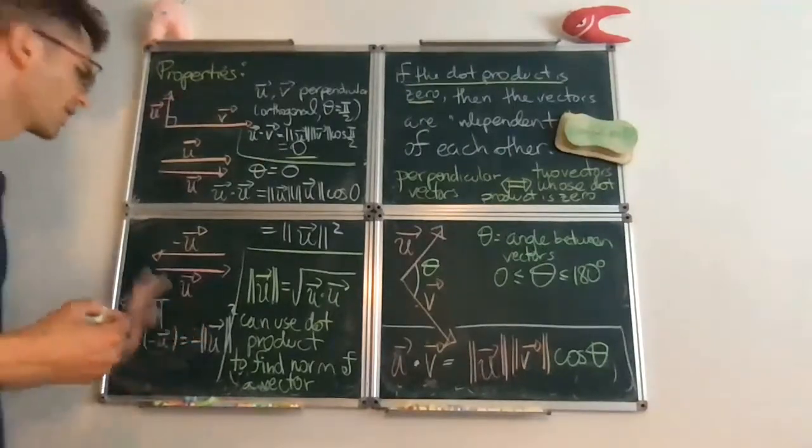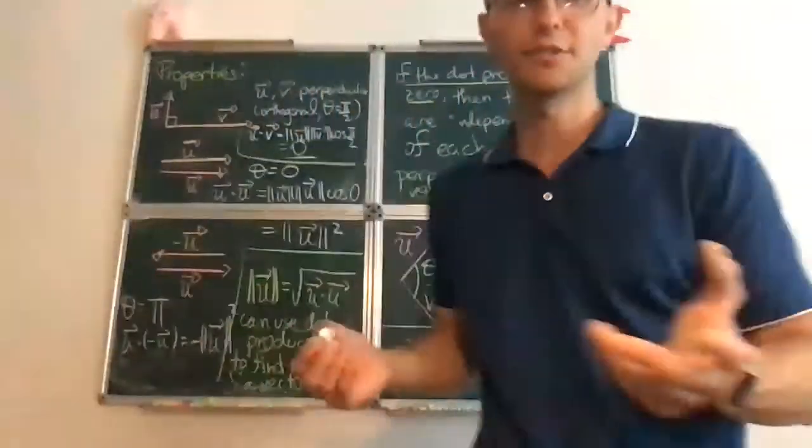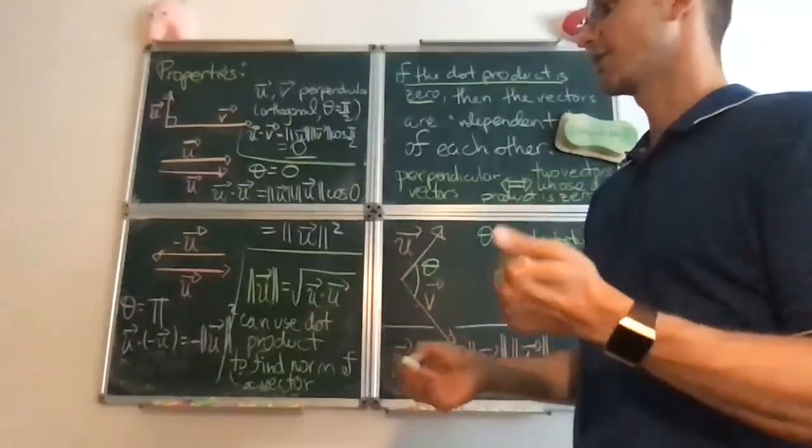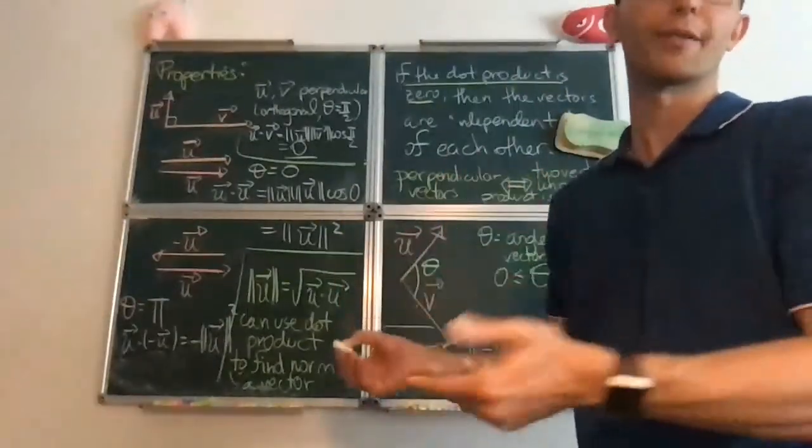Okay, and this formula on its own is not that interesting. It's just to bring out the point that the dot product of two vectors can be negative.